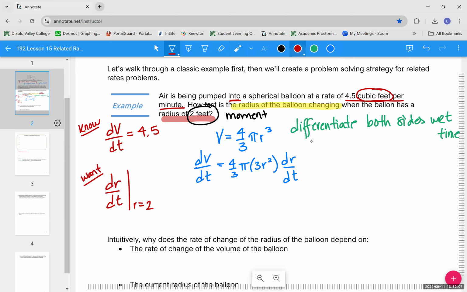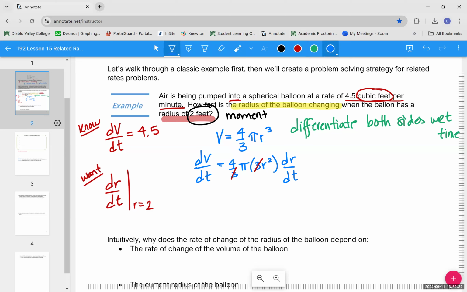And it is at this point where, after a little cleanup, we can now substitute in the things we know. We know that dV/dt is 4.5, and in this moment, the r is 2. I did not want to put the r is 2 in here because that would indicate that the volume was constantly using an r equals 2, which is not true.